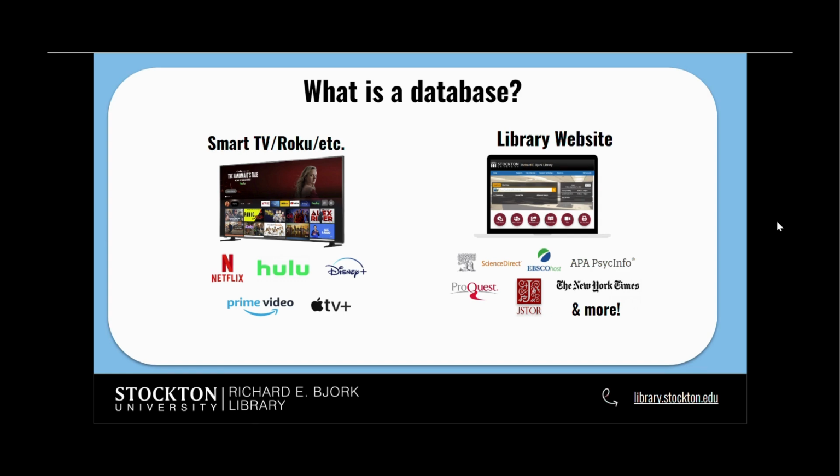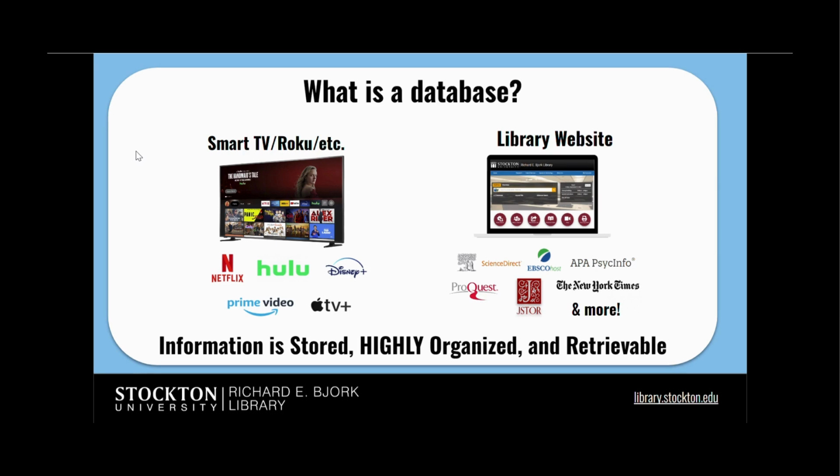And there's a few characteristics, right? Because databases aren't search engines and search engines aren't databases. So what is a database? Well, if you're looking at a database, it should be three things. It should be used to store information, it should be highly organized, and all of that information should be retrievable.